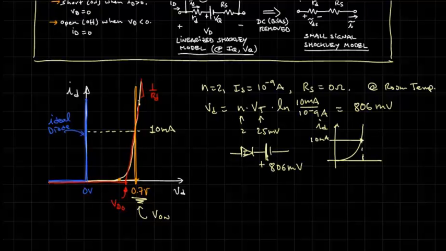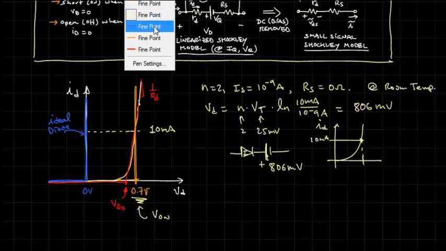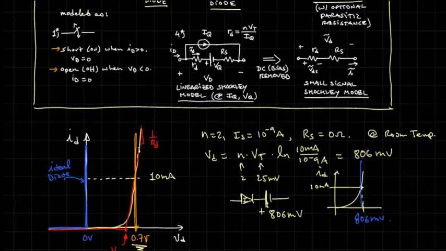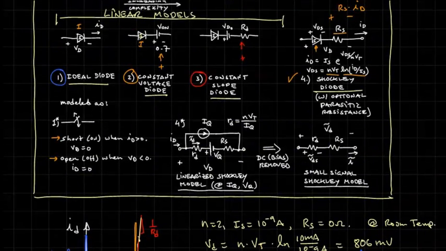So find what voltage that is, and then just pick your model to have a voltage equal to that particular voltage, 806 millivolts. That's how you'd pick the model parameter for the battery in the ideal plus battery constant voltage model.